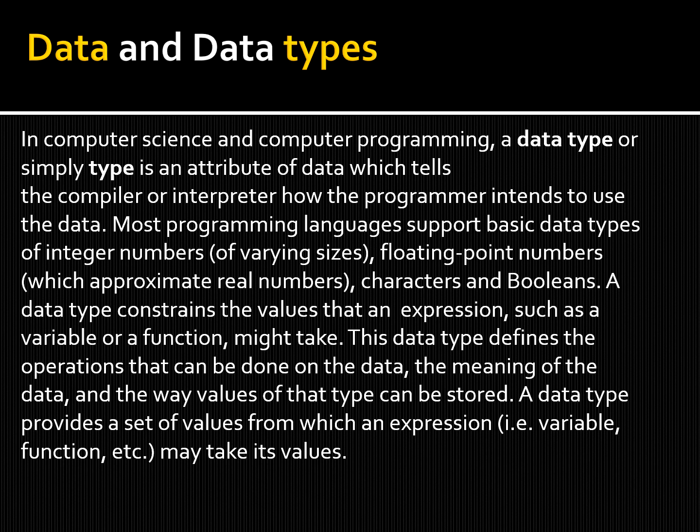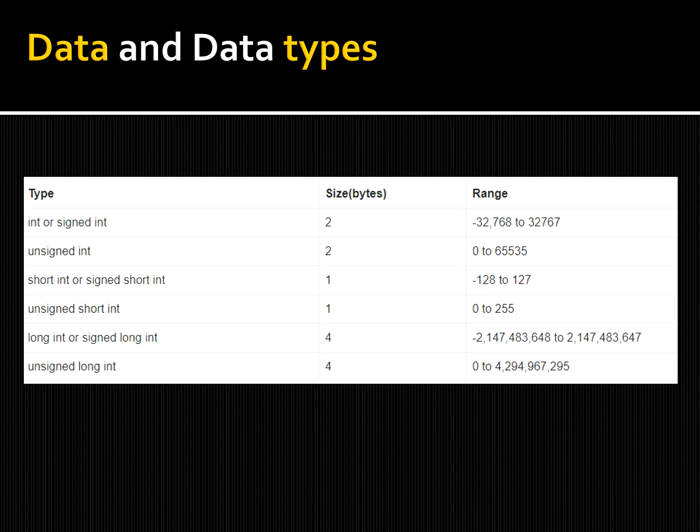A data type provides a set of values from which an expression, for example a variable or function, may take its values. So here on the screen is an example of data and data types.